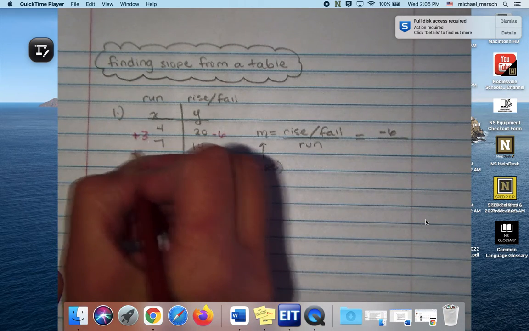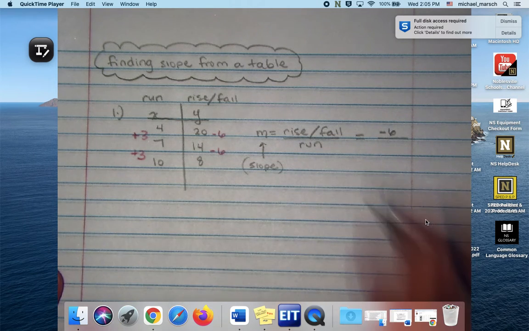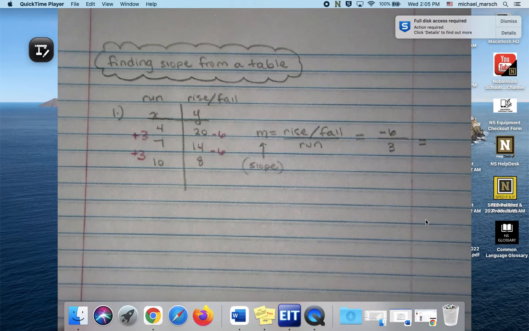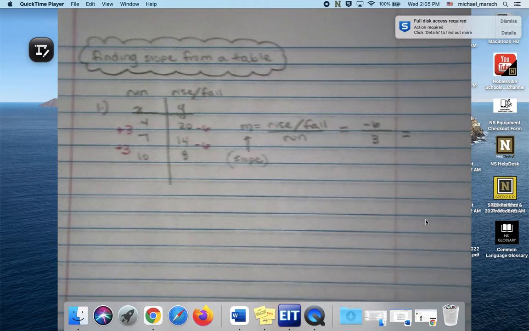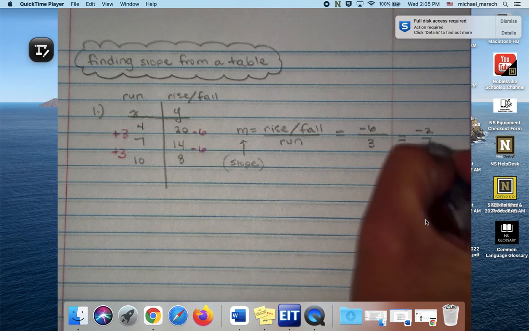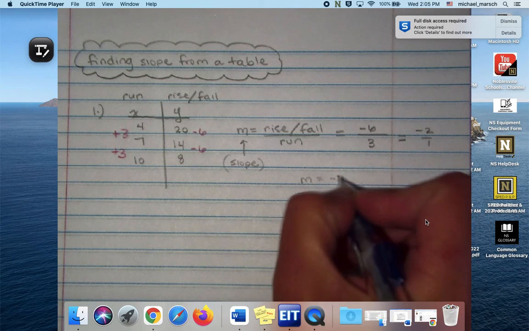Plus 3. Is there ever going to be multiplication for slope? No, that wouldn't be a constant rate of change. So then I always simplify. I have negative 2 over 1, so my slope is negative 2.